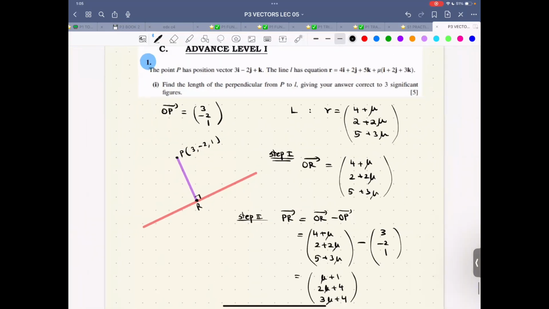Just have a look and acknowledge it on the WhatsApp. So let me write it. That is perpendicular distance from point to a line. And the first two steps. So are these two steps all good, all clear?